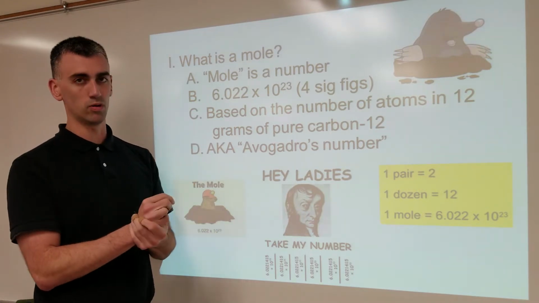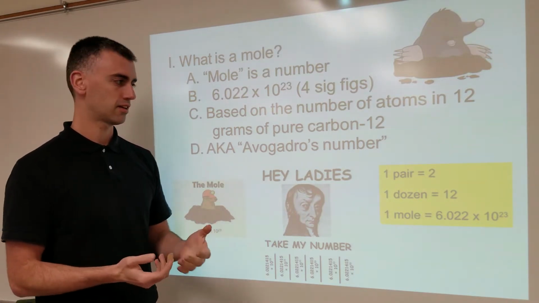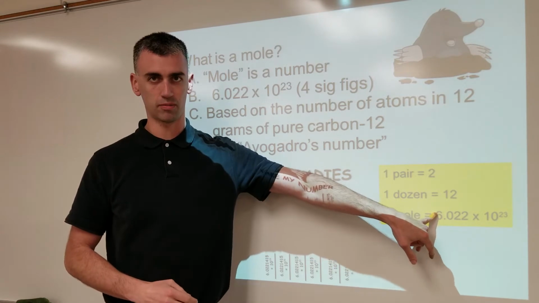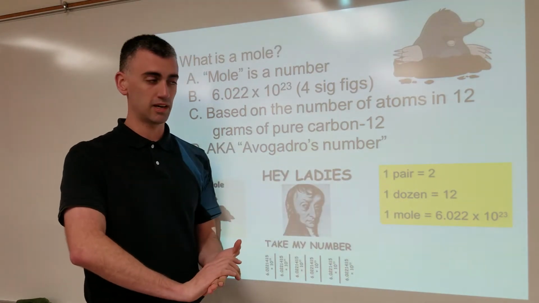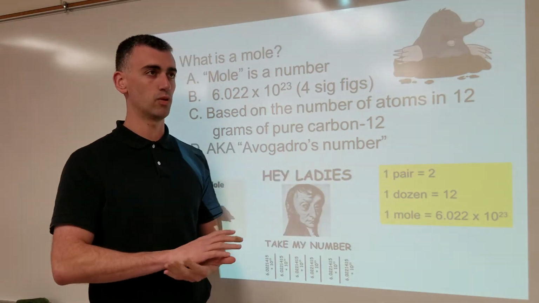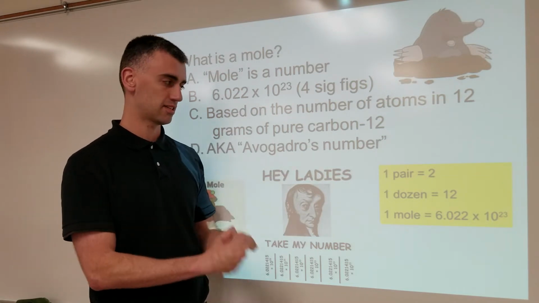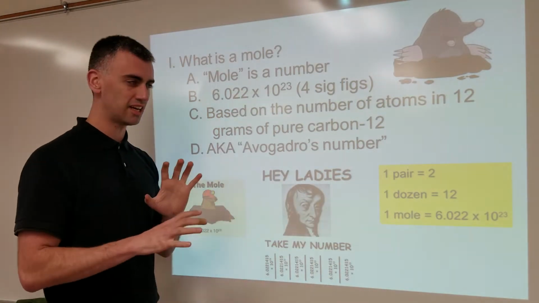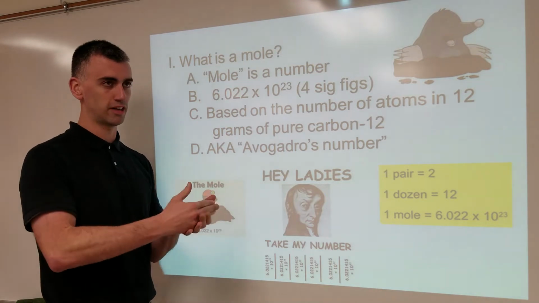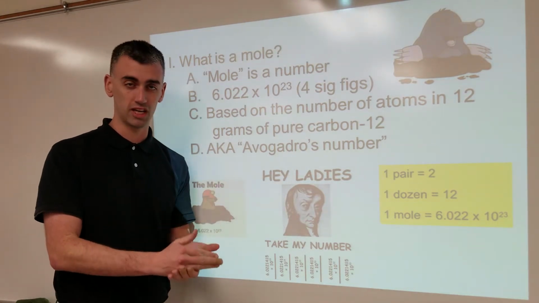So 1 mole of anything contains that many particles of something. A mole of sodium atoms contains that many sodium atoms. A mole of nitrogen atoms contains that many nitrogen atoms. And we tend to simplify it: instead of saying a mole of nitrogen atoms, we tend to say a mole of nitrogen.